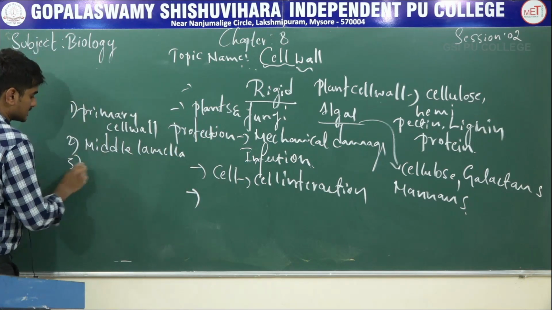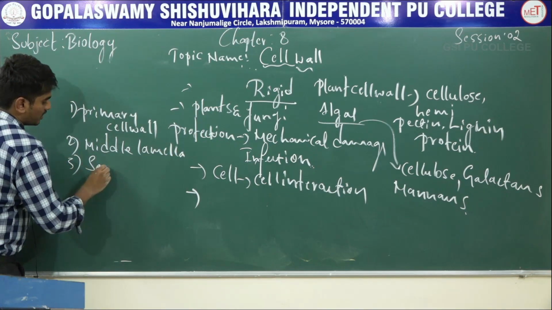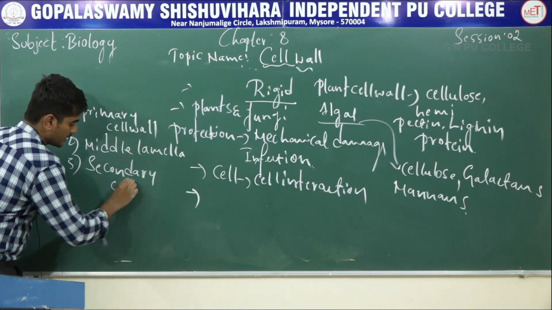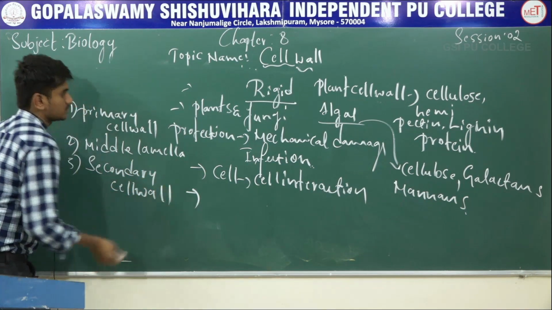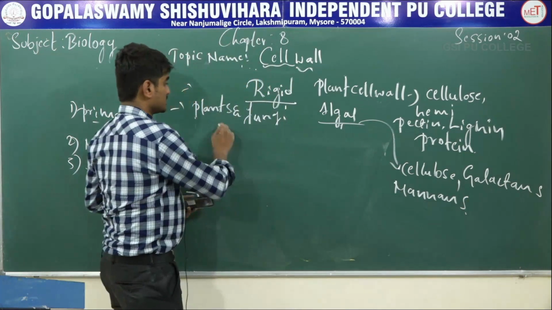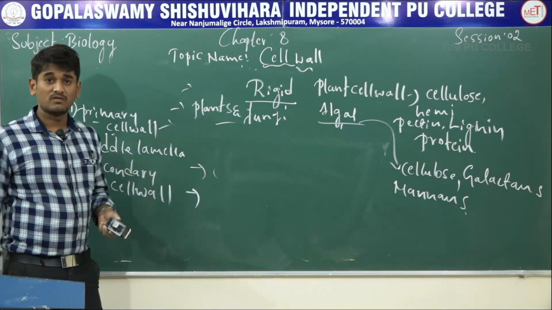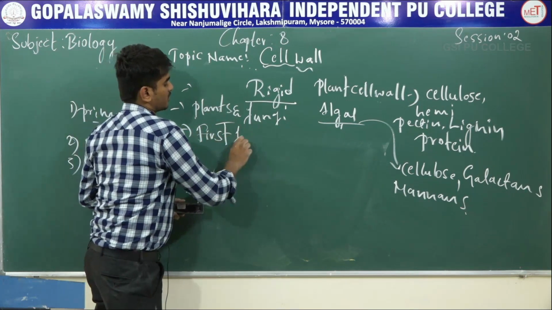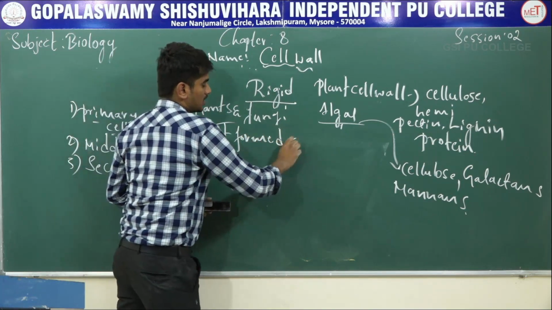The third one is secondary cell wall. Yes, the first one is primary cell wall. See, the primary cell wall is the first formed cell wall.